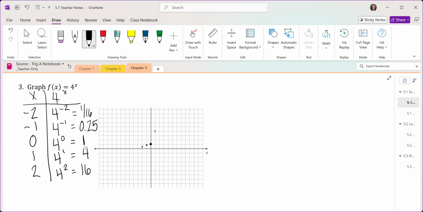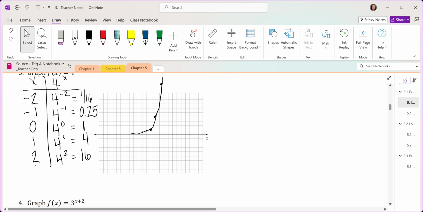You could also graph that one. And then 2, 16. I don't even have a space up here for 16. So with exponential functions, it starts really close to the x-axis and then it jumps super high very quickly. So when you do your homework, I would rather just see you have your T-chart listed.